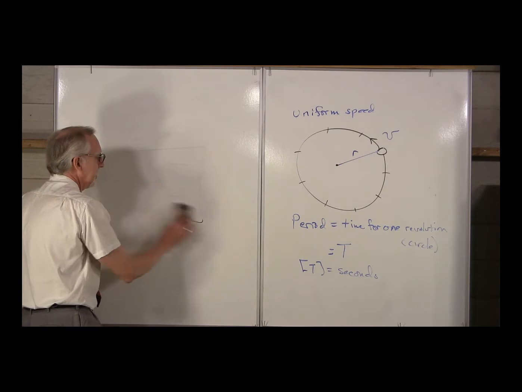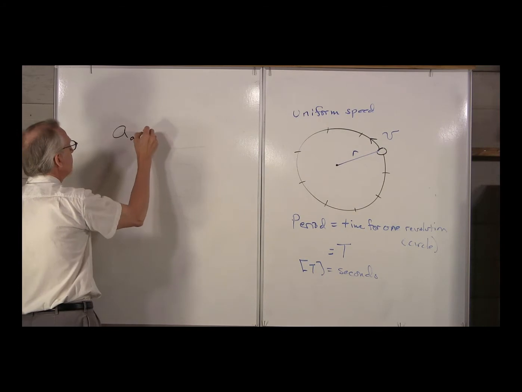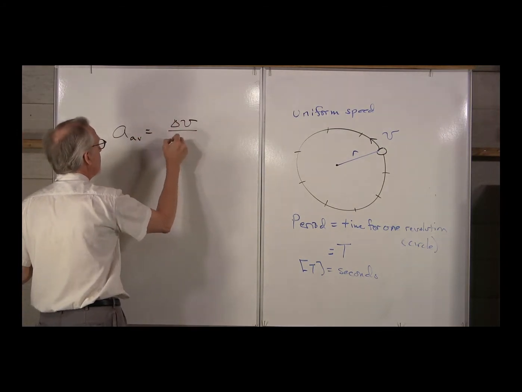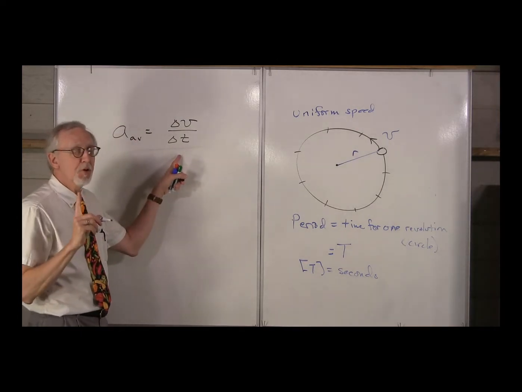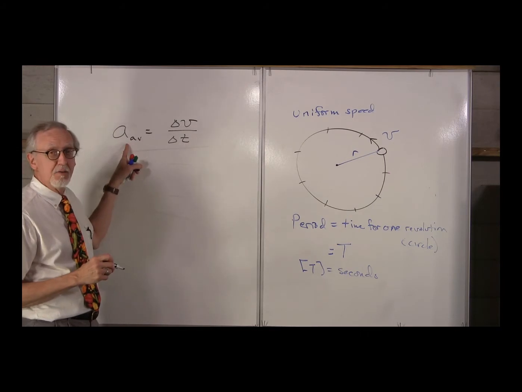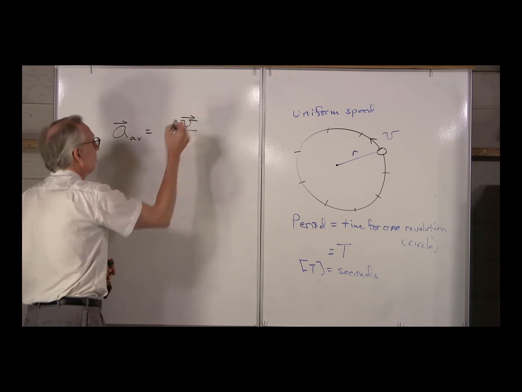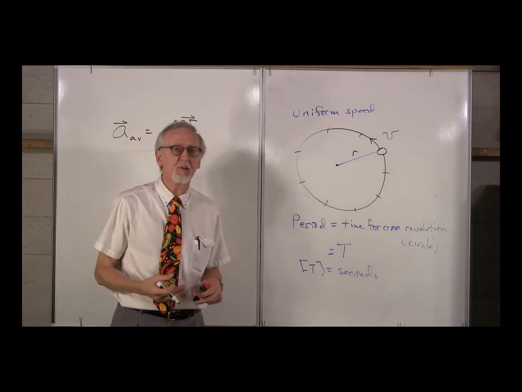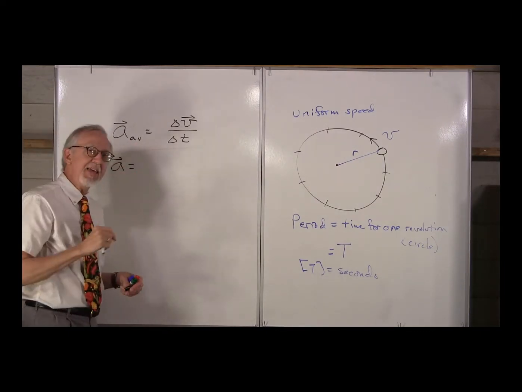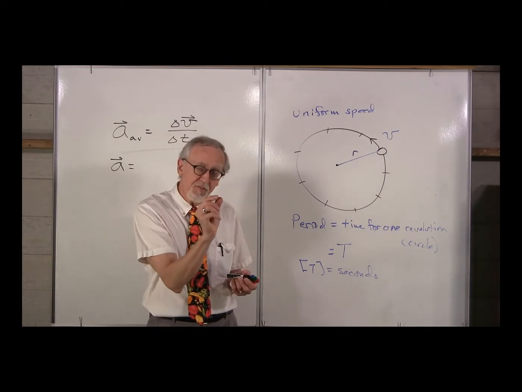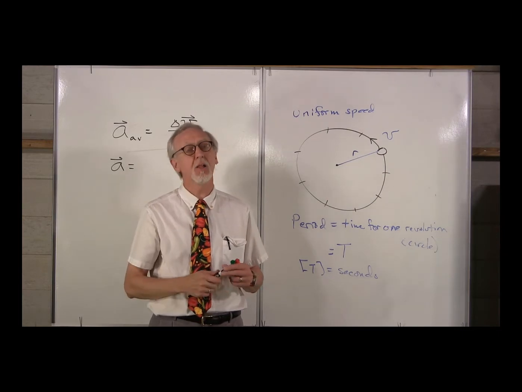We first defined the average acceleration, and the average acceleration was delta v over delta t. But just a second, is that how we defined it? No, we didn't. Because remember, acceleration is what kind of a quantity? It is a vector quantity. So the average acceleration we defined as a vector equation. And then the instantaneous acceleration we thought of as the average acceleration, but measured over a very small time interval, in other words, a vanishingly small time interval.